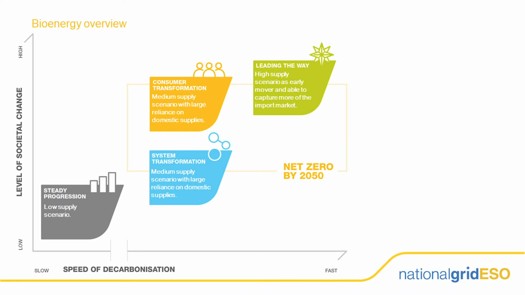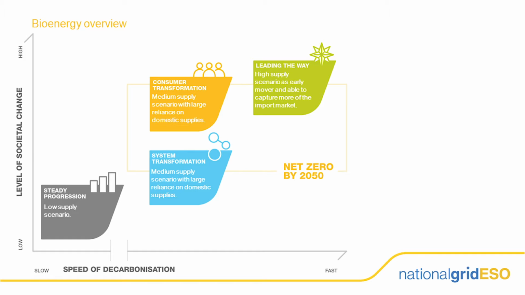So looking at bioenergy across the four scenarios, looking at each of the scenarios in turn, going from bottom left to top right, starting with steady progression in the grey. This is our scenario where we do not meet the 2050 emissions target and is our low bioenergy supply scenario.